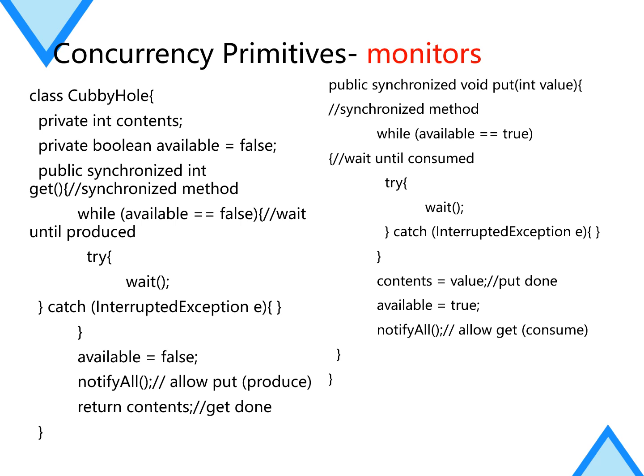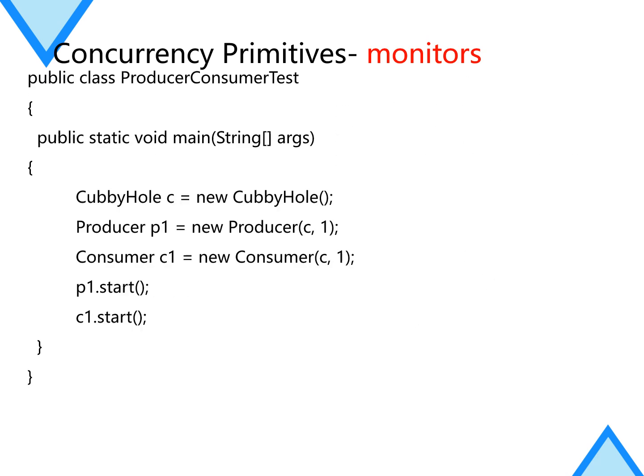So this is a very typical implementation, and we have used the catch statement because if the interrupt service routine sends some process or thread to the blocking state, it will throw some exception. So here we catch the exception. So this is the example.